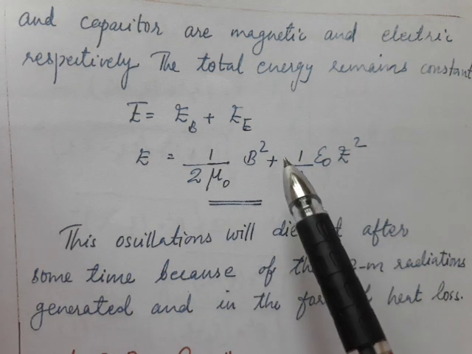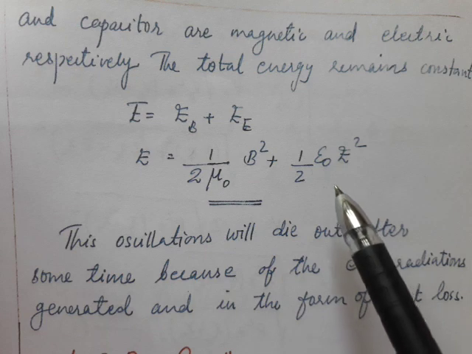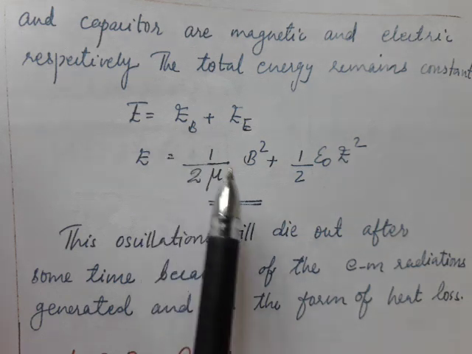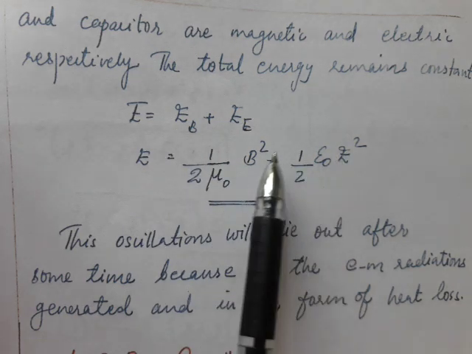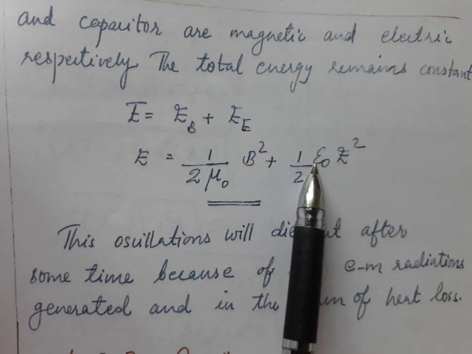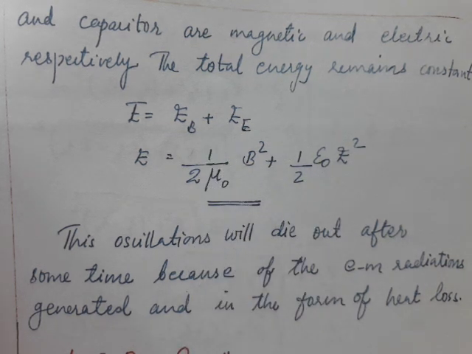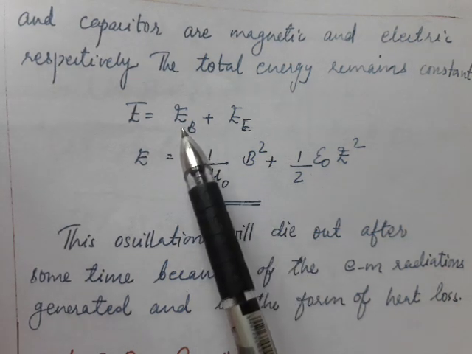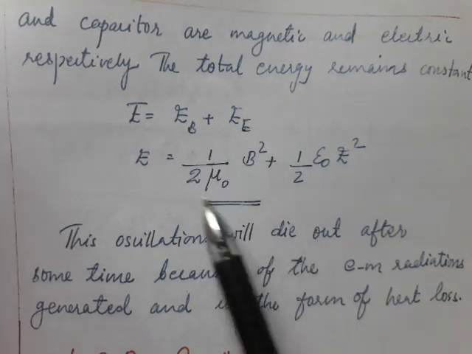We have studied the energy stored in a capacitor, that is half epsilon 0 E square. Similarly, the energy in the inductor will be, instead of E square you replace it with B square. Half is here. Instead of epsilon 0, you substitute 1 by mu 0. So this is the equation of energy stored in the inductor, magnetic energy in the inductor.